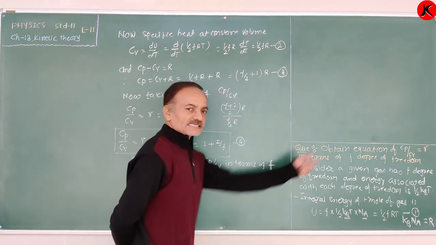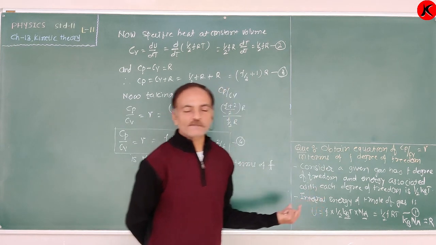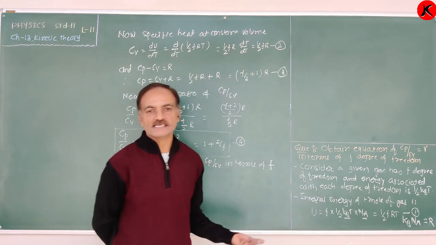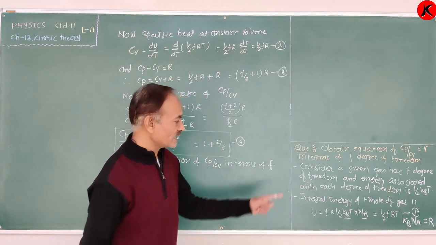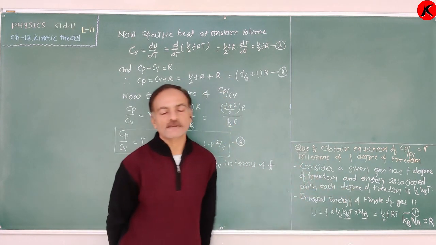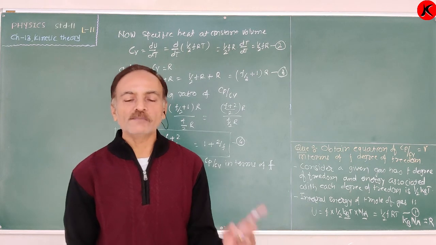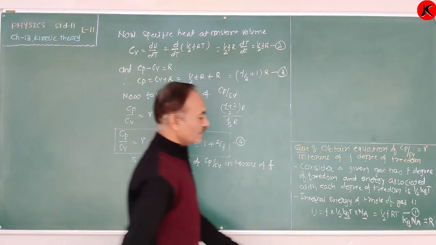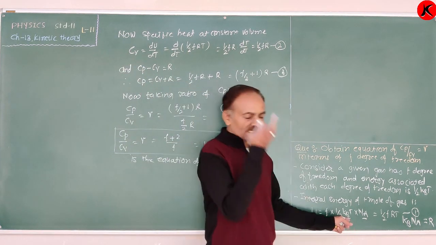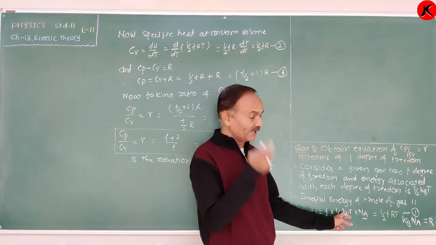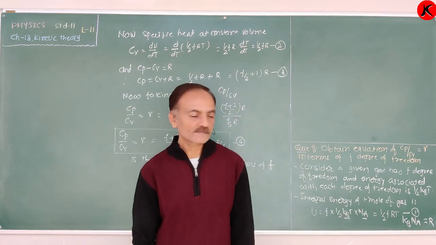Again, consider a gas having F degrees of freedom, and from the law of equipartition of energy, the energy associated with each degree of freedom is half kBT. Therefore, internal energy of 1 mole of gas U is equal to number of degrees of freedom, into energy associated with 1 degree of freedom, into number of molecules Na.